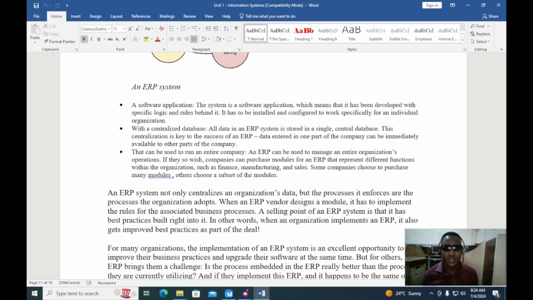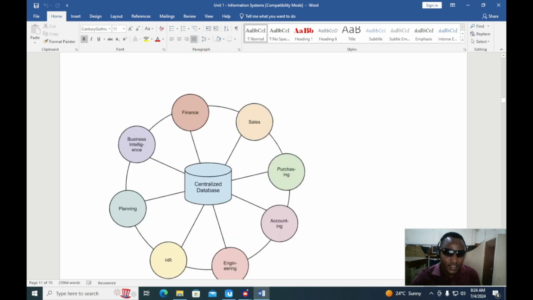The centralization is important to the success of the ERP, since data entered in one department of the company is immediately available to other parts of the company. For example, if the finance department updates data, this data is available to planning immediately.